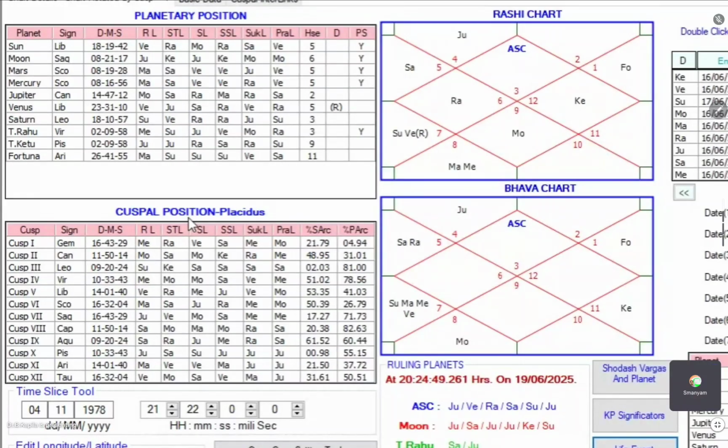So, Mars and Venus, write on a paper that whenever they appear here while doing the BTR, we have to remove them from the position of sub-sublord. Mars and Venus cannot be taken as the ascendant sub-sublord. So that was the first point.